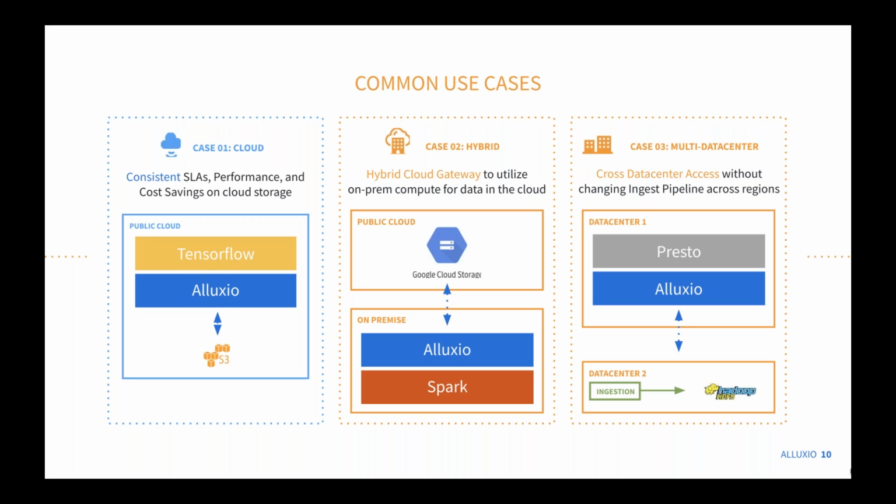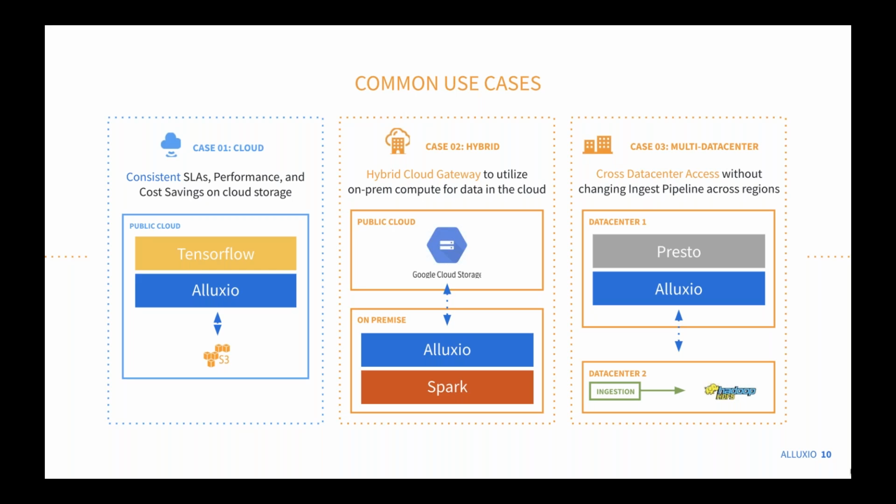Now, if there are excess compute resources in a different region, let's say a different region of the country, then you can simply start running applications in a different data center without worrying about the location of data. So Alluxio provides access to data which resides in a primary data center, which is now overloaded, so it doesn't have any more compute capacity for me to start running my newer applications.